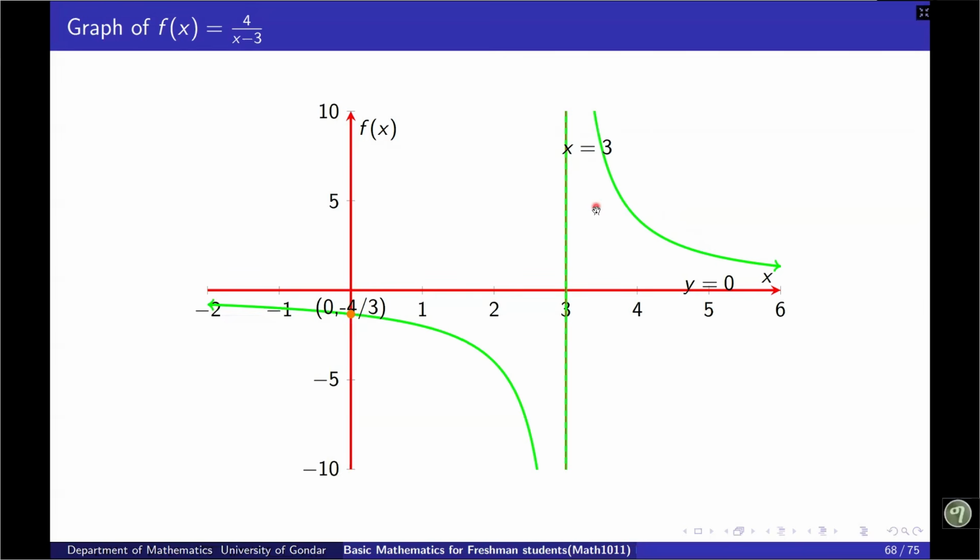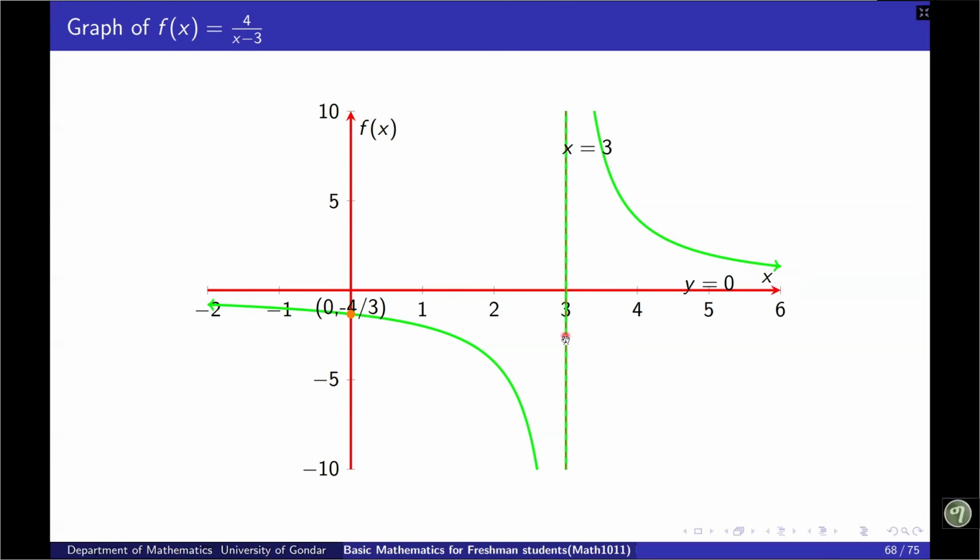Then when x goes to a very large positive number, the graph will approach the horizontal axis, that is the x-axis, but it may never intersect or touch the horizontal asymptote.